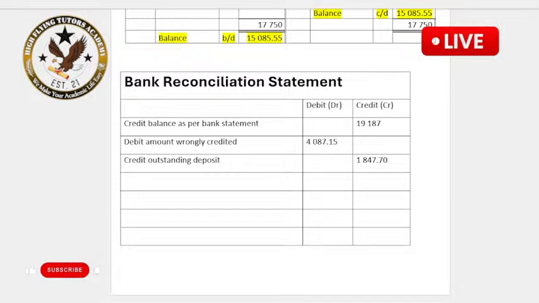Right, so let's see. We're just going to say credit, sorry, not outstanding, credit incorrect payment, because the payment has to be cleared on the right date.